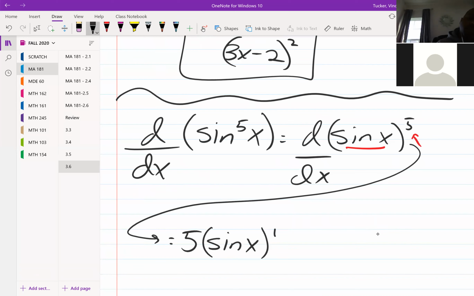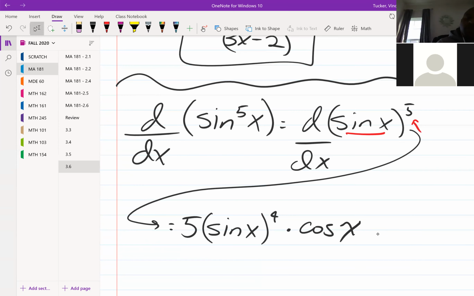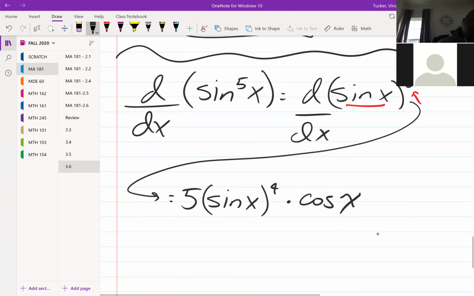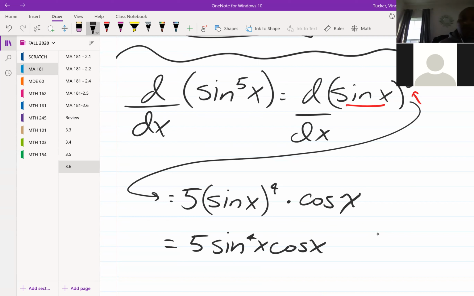Subtract 1 from the exponent, and that'll give me 4. Now the derivative of the inside, the derivative of sine, is cosine. So the most simplified way of representing this is 5 times sine of x to the 4th power times cosine x. That sounds better.